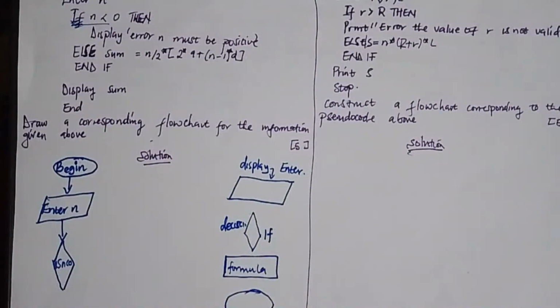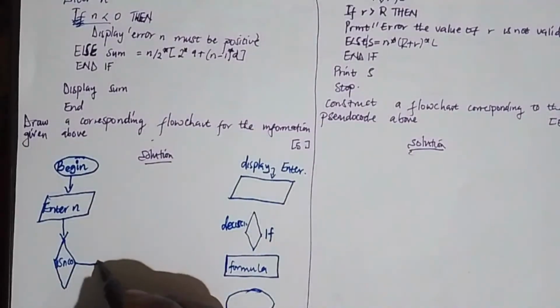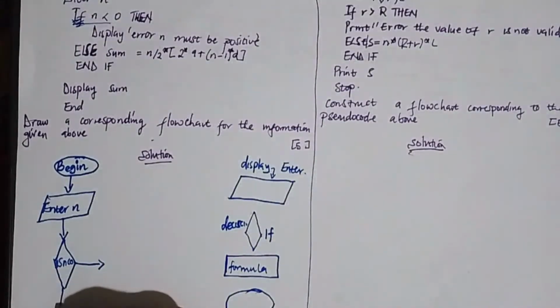Then you write an arrow here. That's why we say this is a decision box.